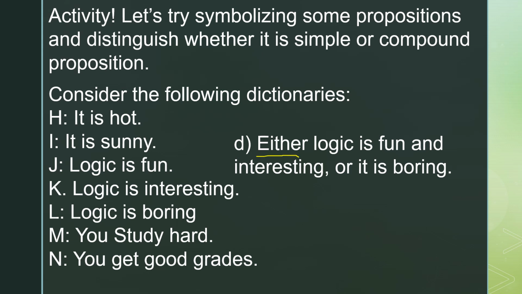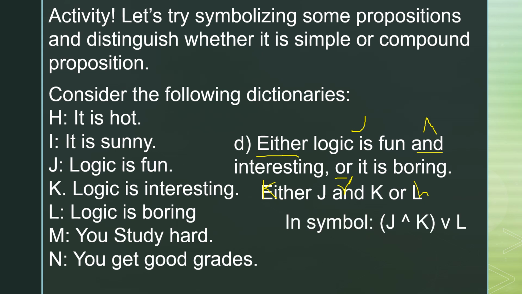It uses the word "and," whose symbol is inverse V, and it uses the word "or," which is the letter V. Either logic is fun, this is proposition J. Interesting, so this is proposition K. And it is boring, proposition L. So we can represent this as either J and K, or L. In symbols, J, inverse letter V, then K. Take note, it is inside the parentheses because we have this comma.